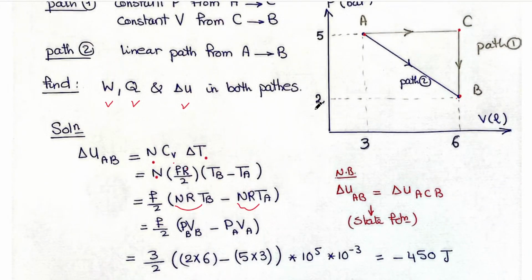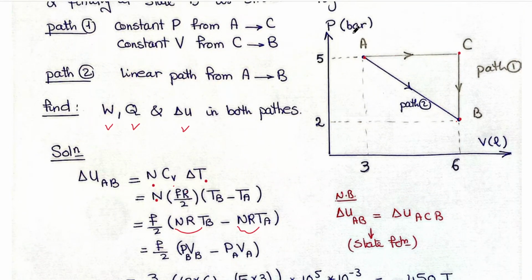At point B, the pressure is 2 and the volume is 6. But take care, 2 bar and 6 liter. We don't use the bar and we don't use the liter as SI units. Instead, we use the Pascal for the pressure and the meter cube for the volume.